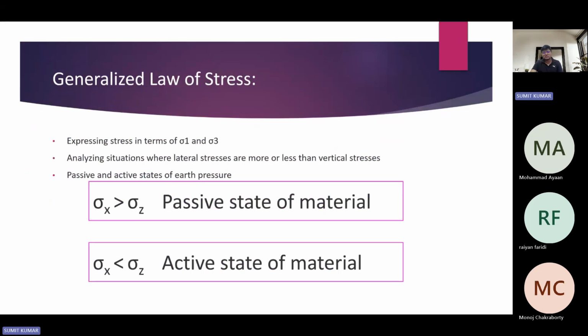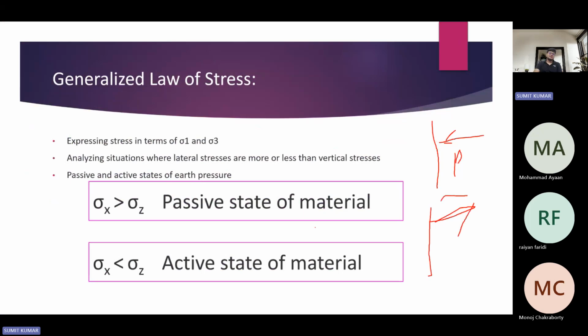Now you understood one thing. I think you need to know what we say about passive in terms of a retaining wall. If you have read, then it's okay. If you have not read, let's see. If the stress is acting toward the direction of the wall, it is said to be the passive state of stress, while if it is acting away, then it is called the active state of stresses, right?